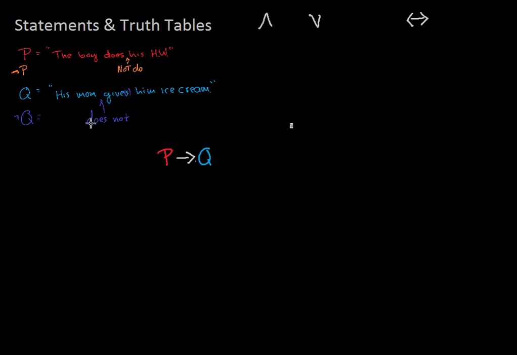The way you set it up is you put your P and your Q, and P can either be true or false. For each true, Q can either be true or false, and same thing for each false. It's important to keep these things neat and orderly.